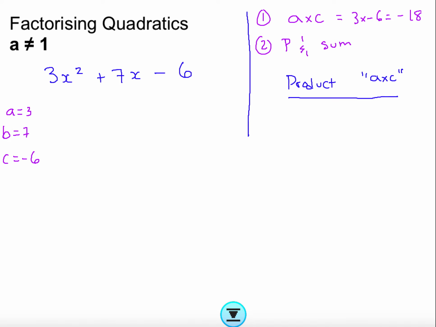And it seems like we'll have a lot of options here, but let's go through them. So we have 1 and negative 18, negative 1 and 18. We have 2 and negative 9, negative 2 and 9. Notice how I usually go in order here, just because it makes it easier to keep track of the numbers.